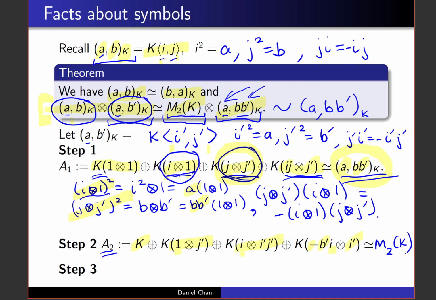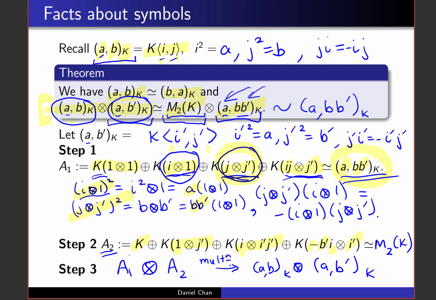So what's the final part is, well, inside this algebra, okay, so this is the tensor product, (a, b)_K tensor (a, b')_K. Okay, we've got, firstly, you can include the algebra A1 in there, and the algebra A2. And in fact, since these two algebras commute, you can just do the multiplication map.